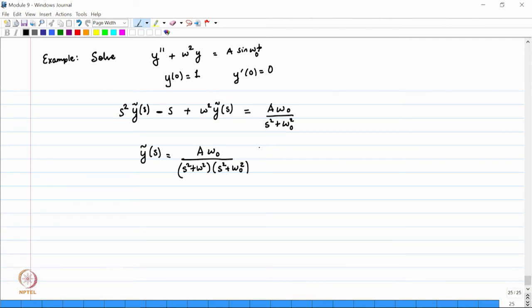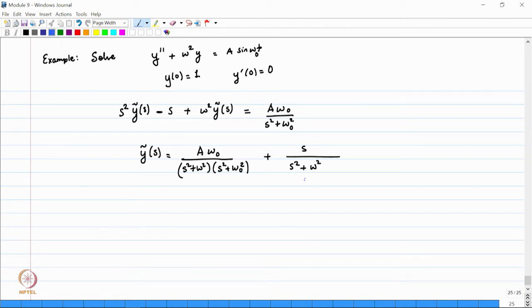So, that is the first term, and then I have plus s divided by s square plus omega square. Okay. Now, if I want to take the inverse Laplace transform of this, s appears here, s appears here, and s appears in these two.